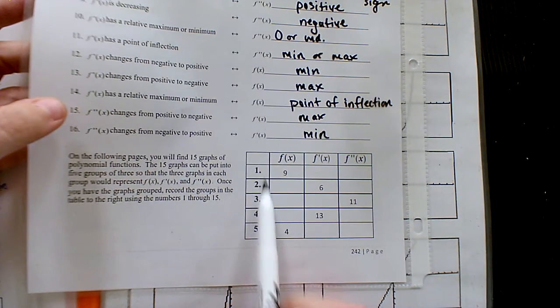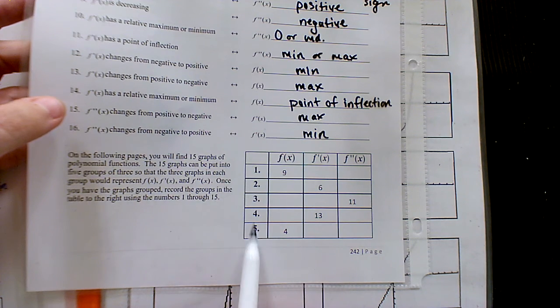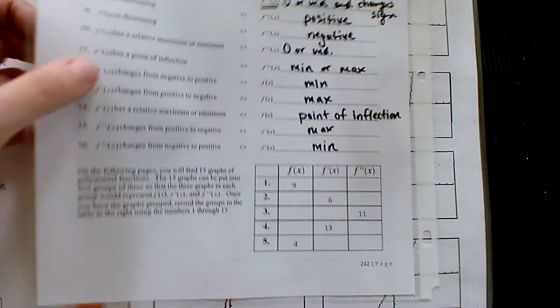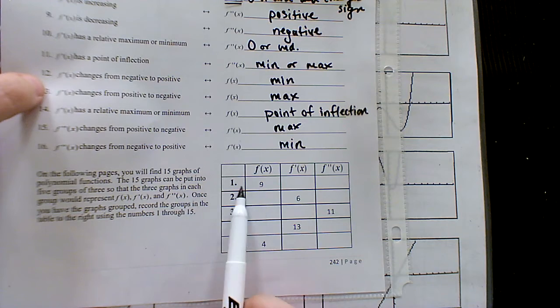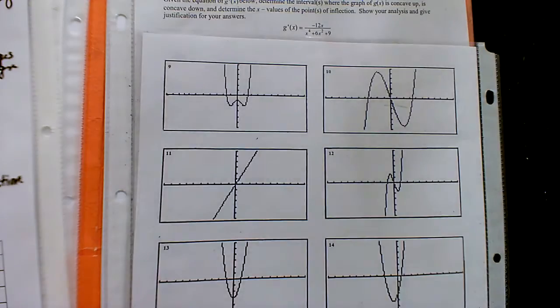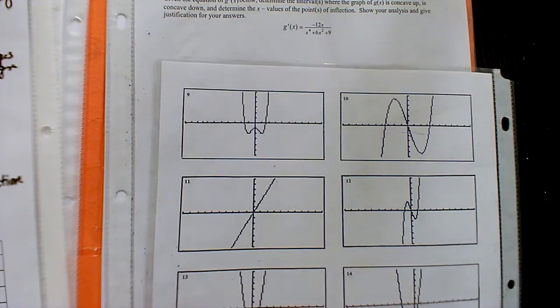So we'll do maybe 1, 2, 3 together, and then maybe I'll let you try 4 and 5 on your own, maybe tomorrow, depending on how much time we have. Okay, so we'll start with the first one. They're telling us number 9 is an original function. So we're looking at number 9.